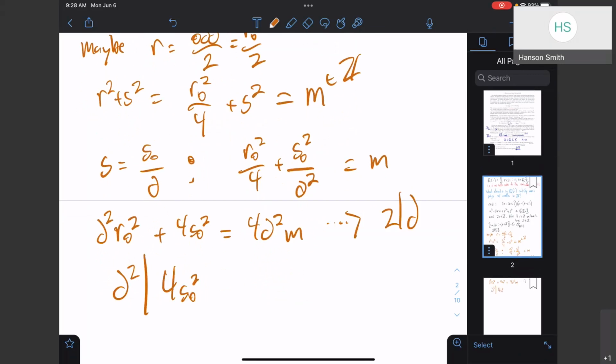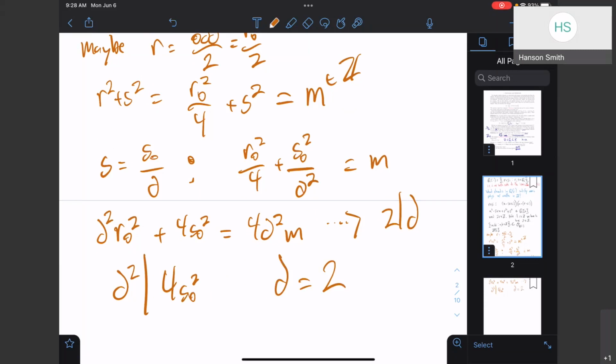Might as well assume I wrote s naught over d in lowest terms, so that d squared doesn't divide s naught squared. So we get d squared divides 4. So d equals 2.